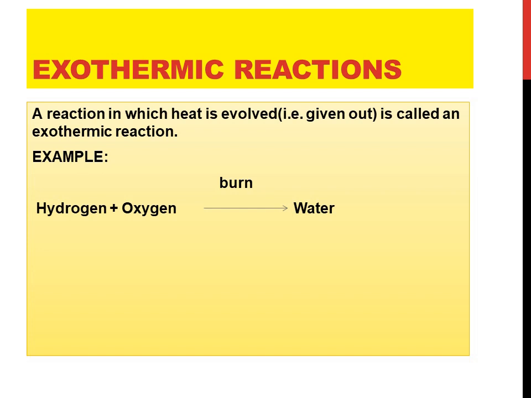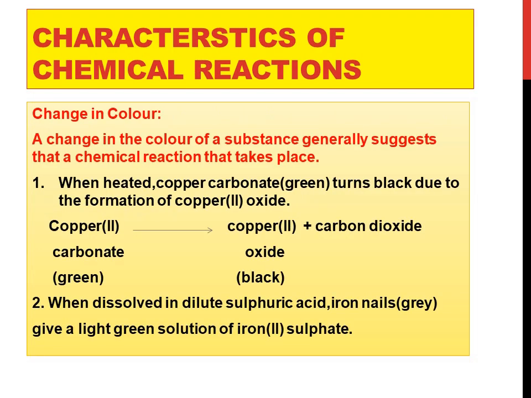Now let us move to the characteristics of a chemical reaction. Several characteristic changes accompany a chemical reaction. In many cases, you can guess what has happened by observing these changes. There are certain things which help us identify the changes that have occurred in a chemical reaction.